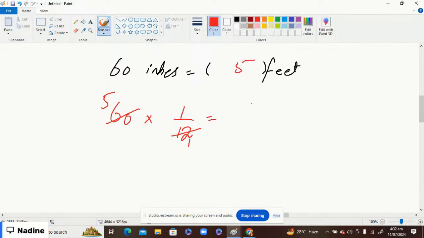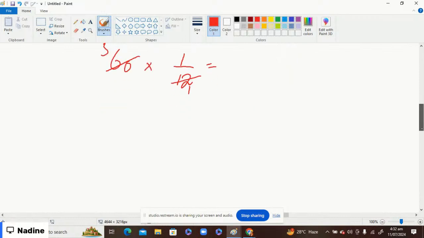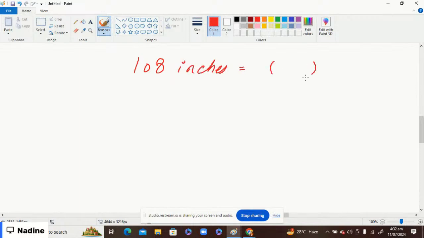Got it? Like for example, if 108 inches is given, so how many feet? You guys tell me the answer of this one.